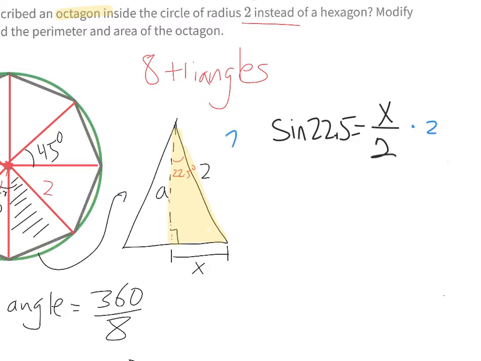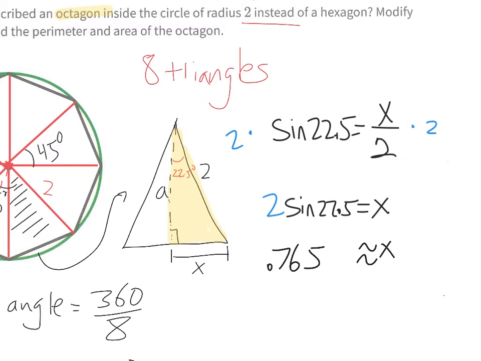If you want to go find it right now, you can. But we really just need to multiply both sides by 2, because 2 times sine of 22.5 is going to be equal to x. We punch sine of 22.5 into our calculator, and it looks like that is 0.76536.